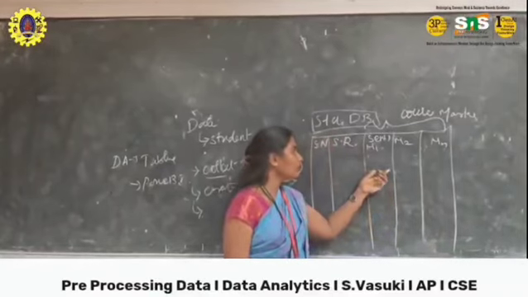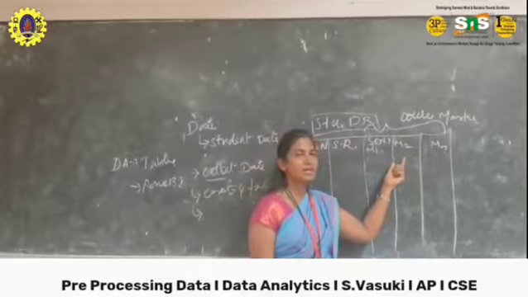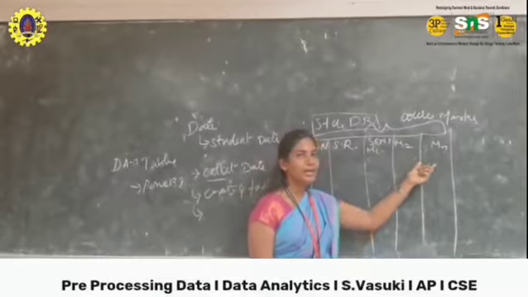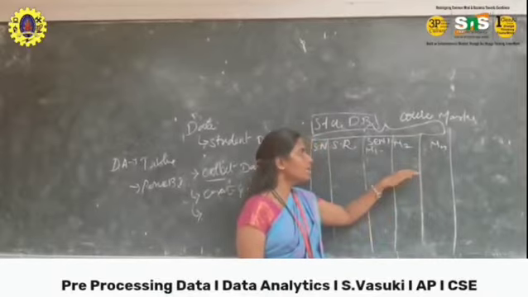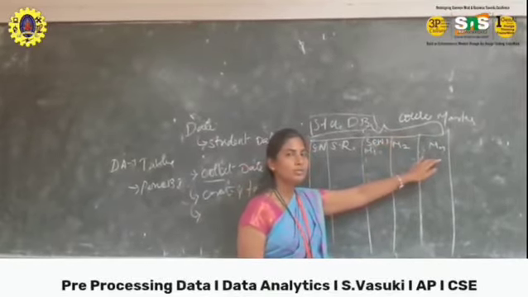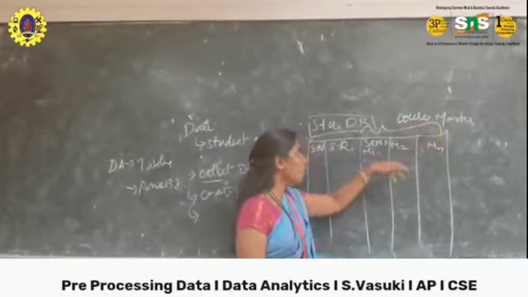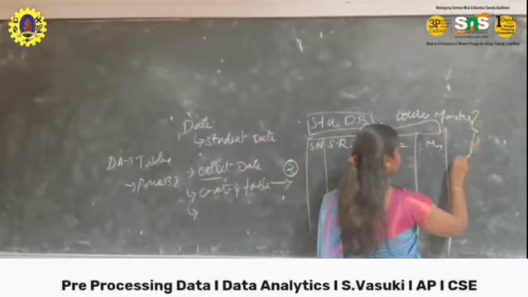This is called metadata. M1, M2, M3 up to Mn are the individual data. At the next level, if I want to group the data, these come under the course, so I categorize them as course marks. This is called metadata.